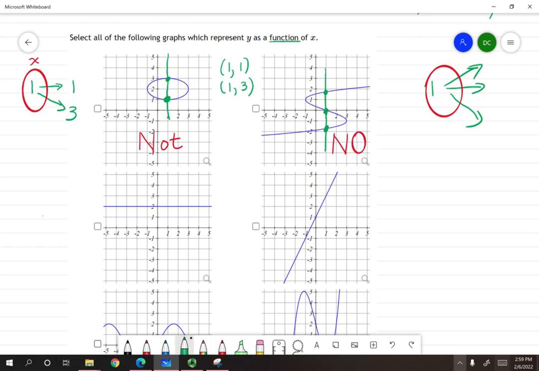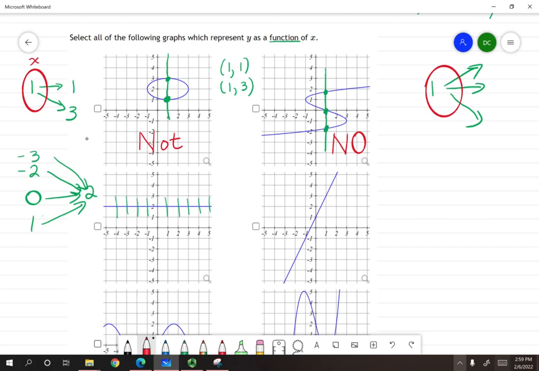Now let's look at this. I could draw a vertical line all day long, anywhere. Will I ever cross and get more than 1 point on the graph? No, I will not. Every time I put in a value, -3, -2, 0, 1, it all goes to one particular value, and that is y is 2. At first glance, you might think, is it a function or is it not a function?